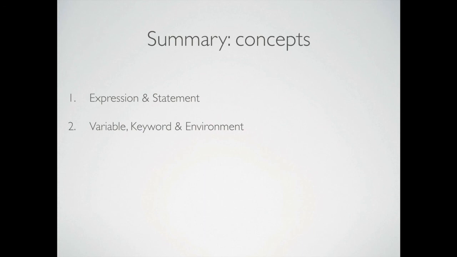Keywords are the words reserved by JavaScript that have special meanings, like for, like var, like while. Environment means everything in the background, like the alert function is part of the environment. It's prepared by JavaScript itself. You don't have to do anything to use it.